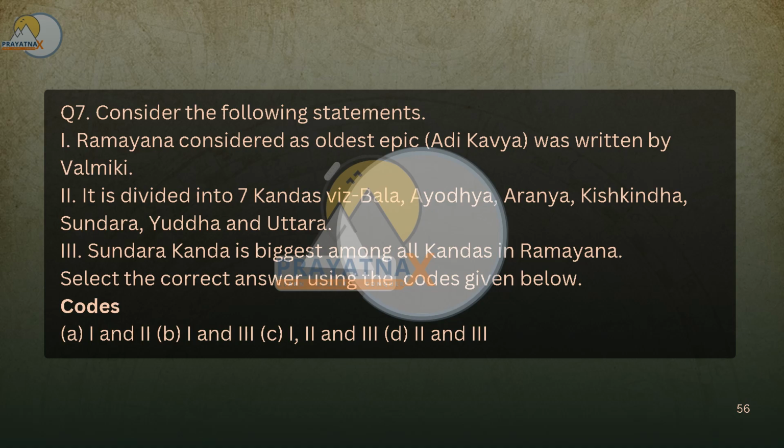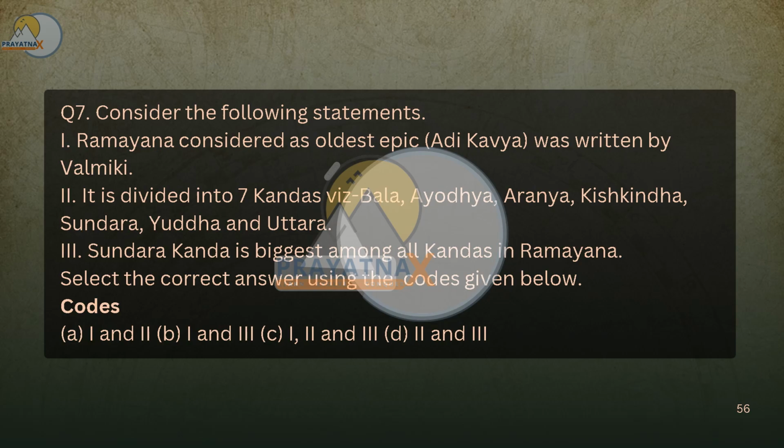Ramayana is considered the oldest epic. Adi Kavya was written by Valmiki. It is divided into 7 Kands: Bal Kand, Ayodhya Kand, Aranya Kand, Kishkinda Kand, Sundar Kand, Yuddha Kand, and Uttara Kand. Sundara Kand is the biggest among all Kands in Ramayana. Now select the correct answer using the codes given below.